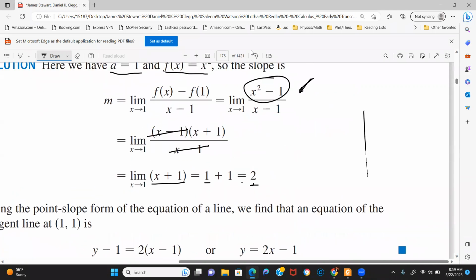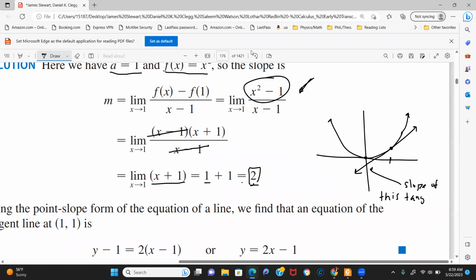So in other words, let's see if I can draw it, you have this parabola, it goes like this, and maybe 1 is right here. Then you're looking at this tangent line, and that tangent line has slope 2. So the slope of this tangent line is 2.